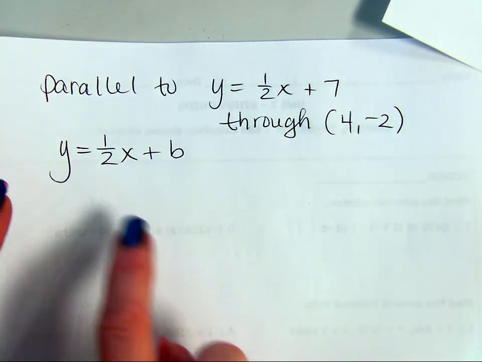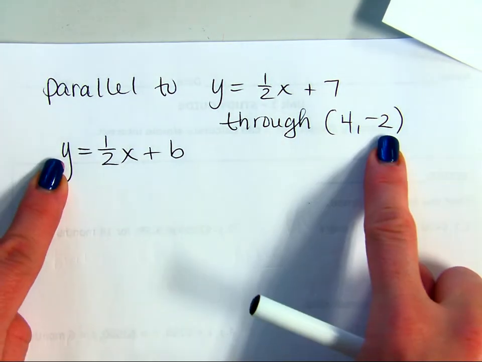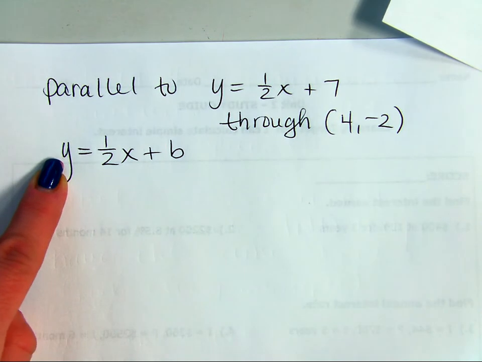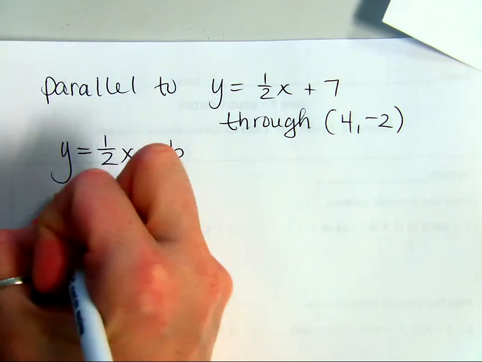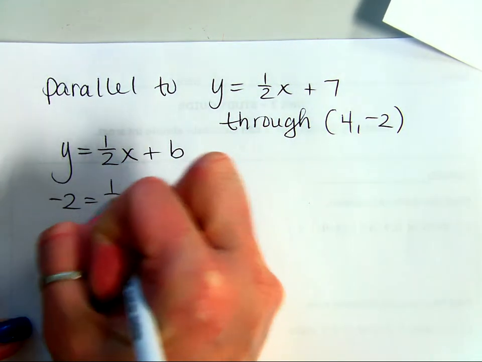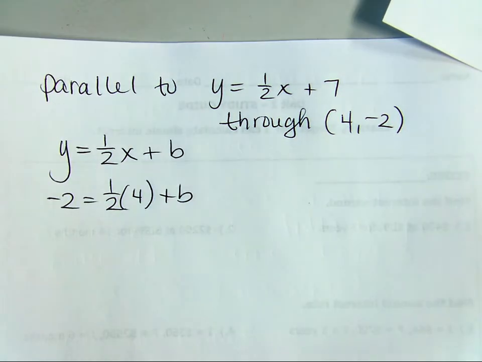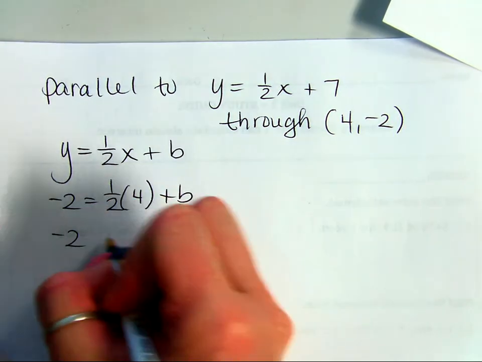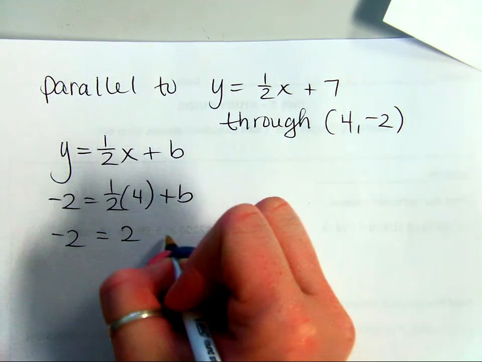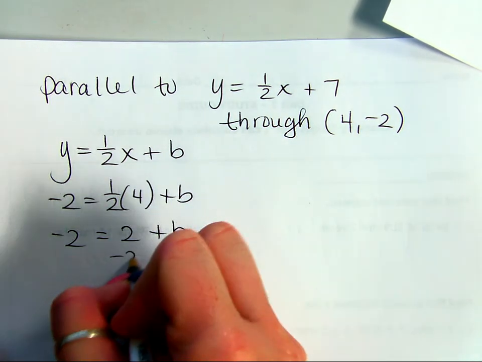That's the y, so you have to put the -2 here. I have people putting them in order. Don't do that, because you'll get a wrong answer. y is -2, x is 4, so I'm looking for a new y-intercept. That's all I'm doing. -2, half of 4 is 2. Subtract 2 from both sides.